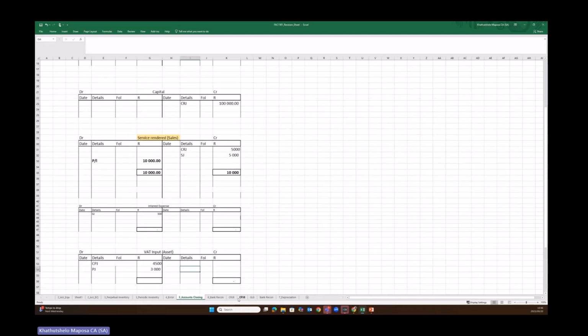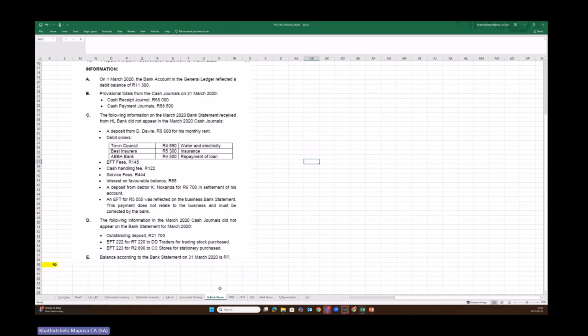So let's move on to the second last item, which is very complex, but we can simplify it if we put our minds to it. It is item number 6 of 7 that we're going to be discussing today, the bank reconciliation statement.